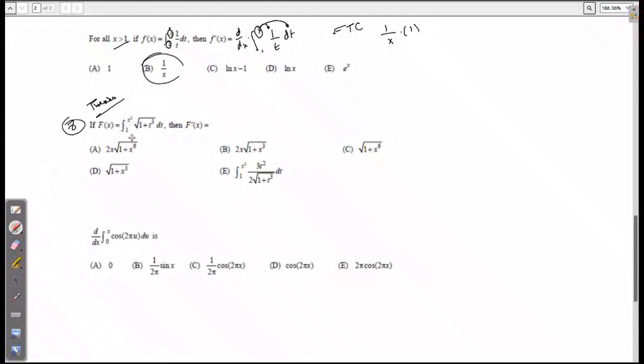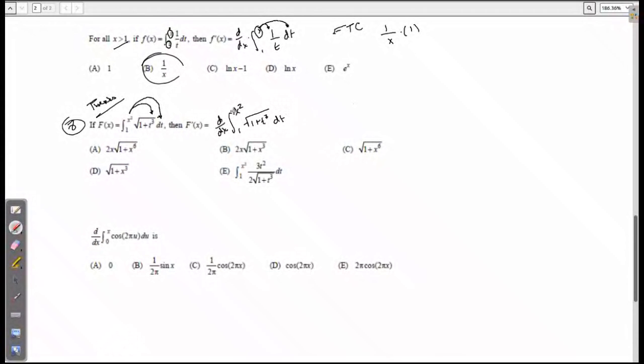So what we need to do is take this x squared and substitute it both here and here in order to find f prime, which is the derivative with respect to x of the integral of radical 1 plus t cubed dt.